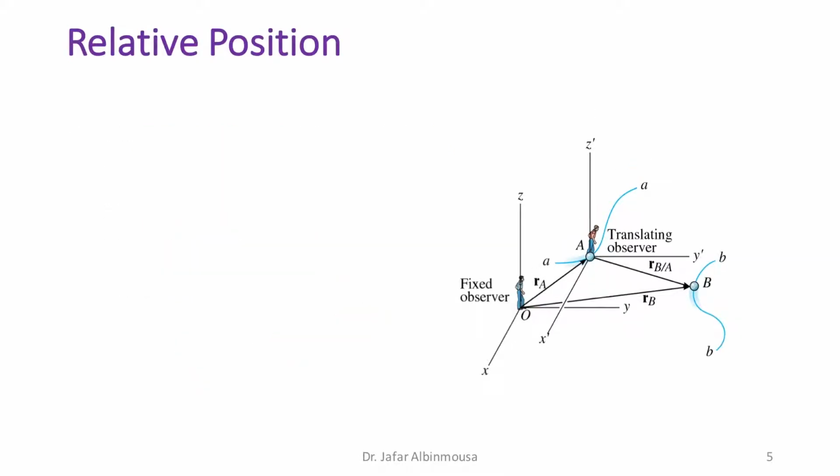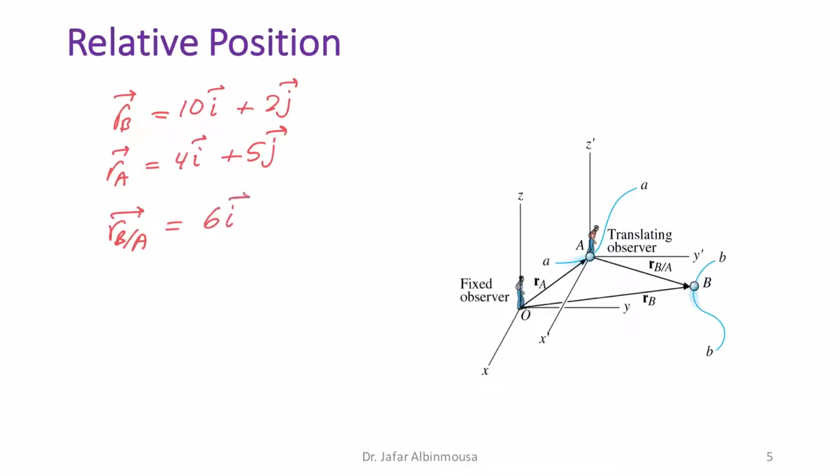So here we have a quick example. If RB is equal to 10I plus 2J and RA is equal to 4I plus 5J, then RB with respect to A is going to be equal to 6I minus 3J. How do I get that?